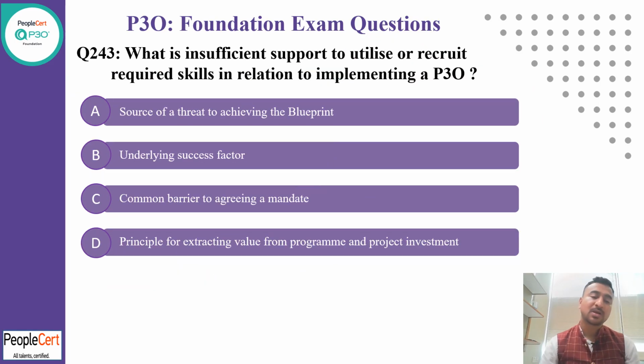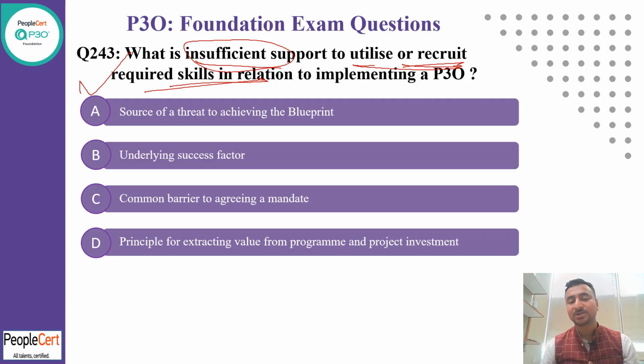Yes, it is. Let's move to the next question. 243. What is insufficient support to utilize or recruit required skills in relation to implementing a P3O model? Option A, sources of threat to achieving the blueprint. Option B, underlying success factors.